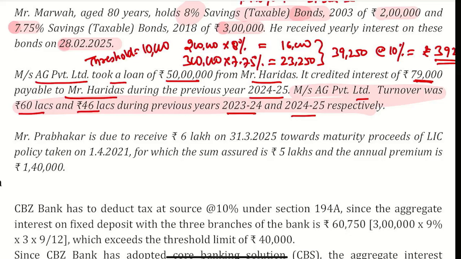It does not depend on their turnover. For every company, every firm, every AOP, BOI should be a deductor. Only in case of individual HUF, we see whether you are big or small. If you are big, more than 1 crore, more than 50 lakh, deduct TDS. If you are not big, do not deduct TDS. Correct. So you have to mention that turnover does not matter in this case.